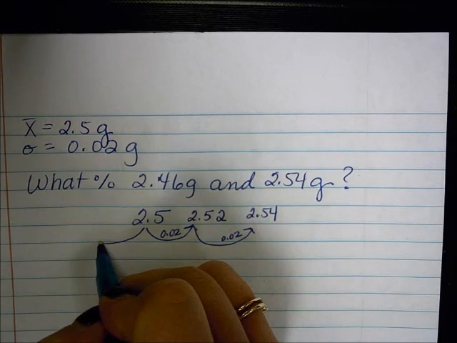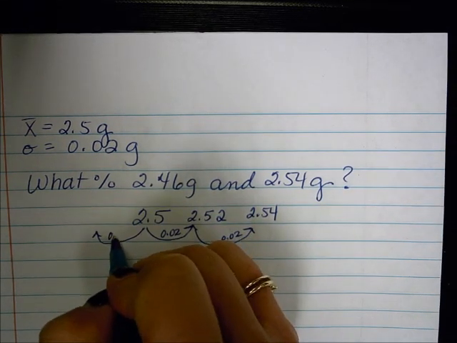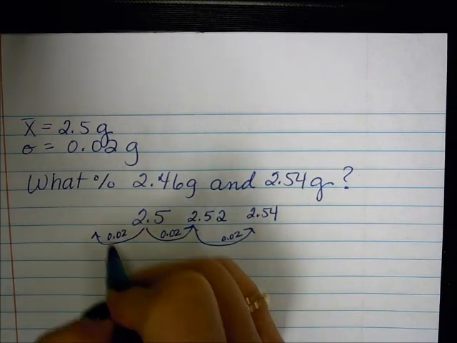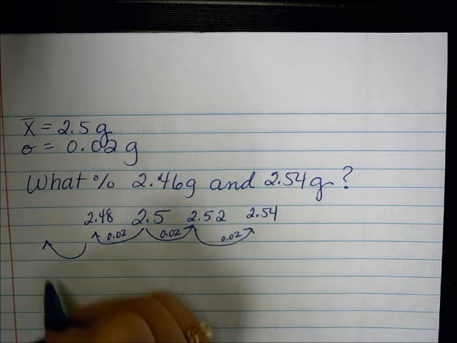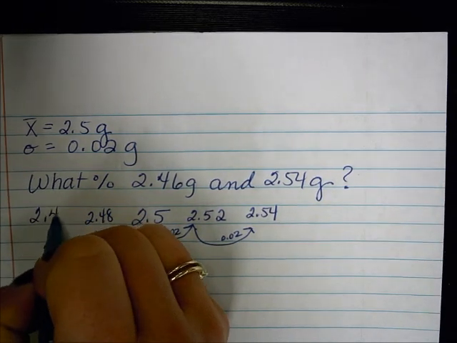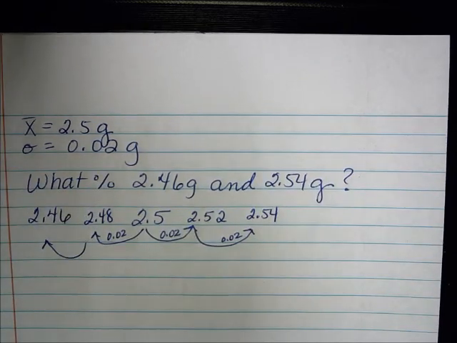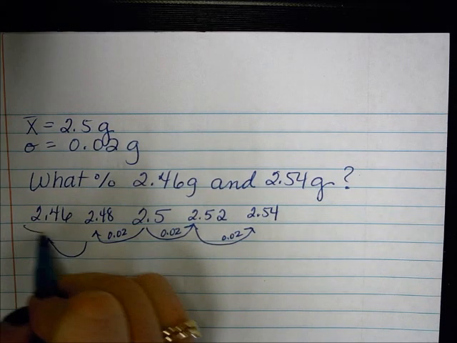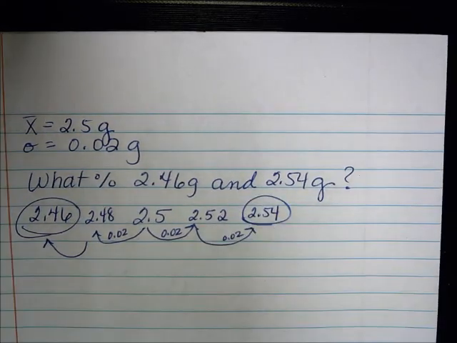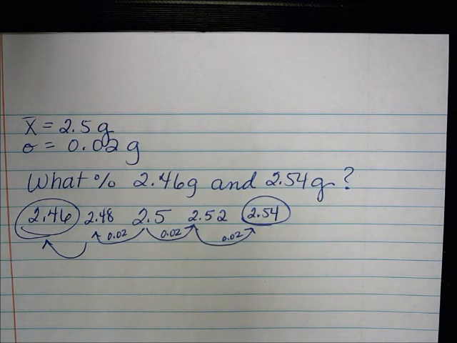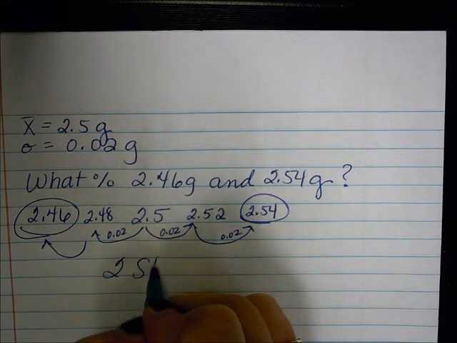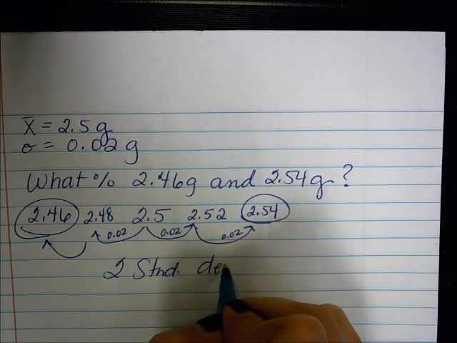Now if I go below one standard deviation, that's 2.48. If I go below another standard deviation, that's 2.46. So if they want to know what percent land between here and here, those are each 2 standard deviations away. Everybody agree? 2 standard deviations away.